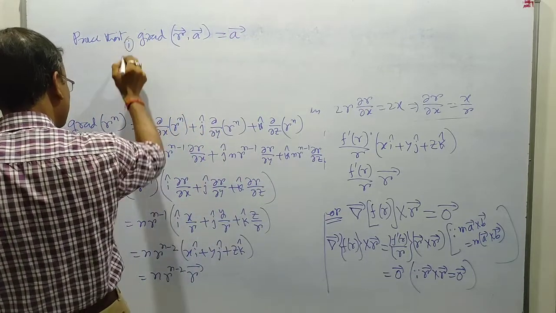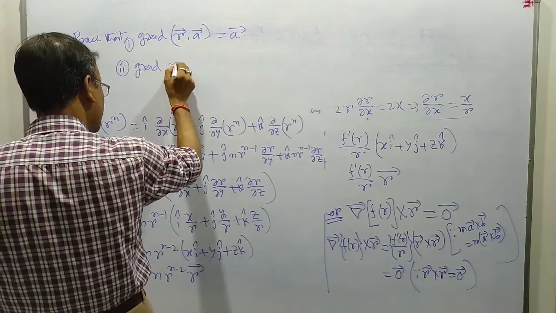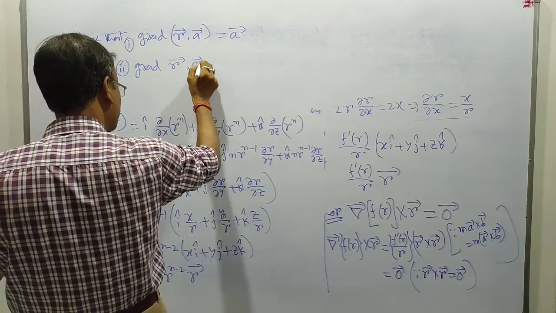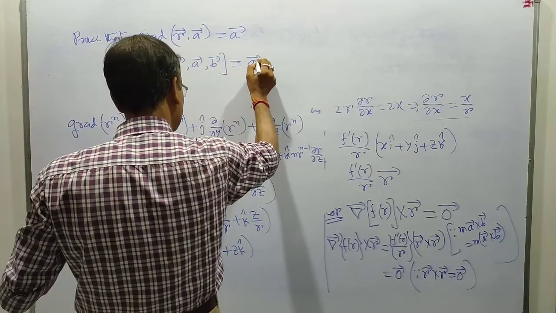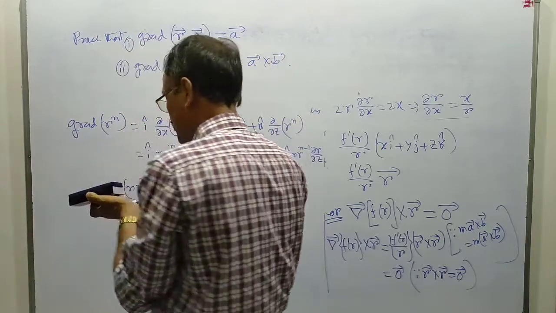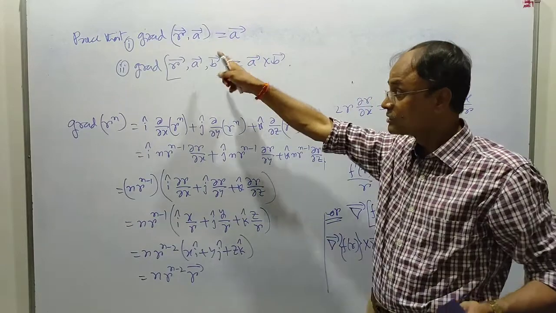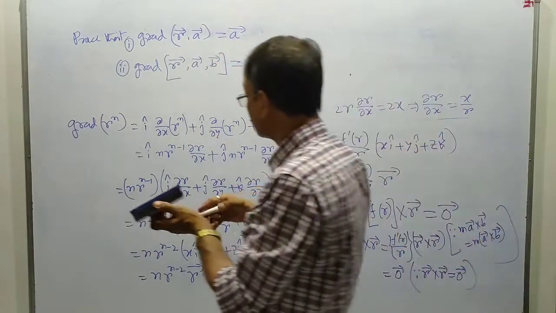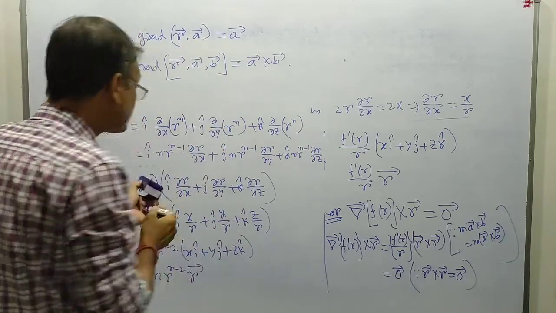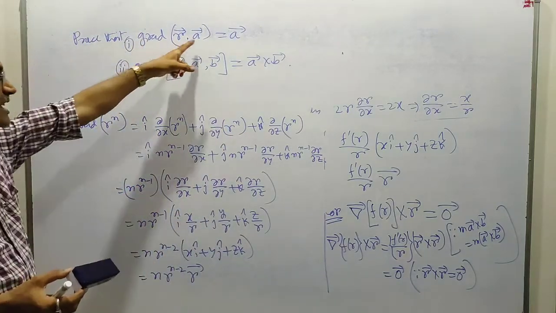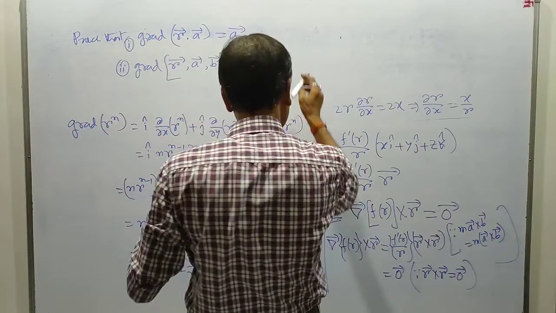Number 2, gradient of the scalar triple product of R vector, A vector, B vector equal to A cross B. Now prove that gradient of R vector dot A vector. It is dot, it is not comma, it is dot. Gradient of R vector dot A vector equal to A vector, where A and B are constant vectors.